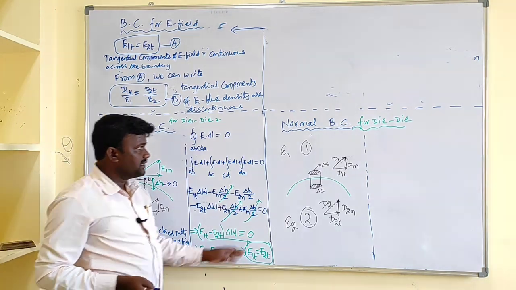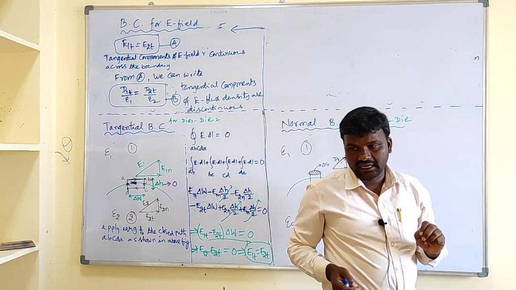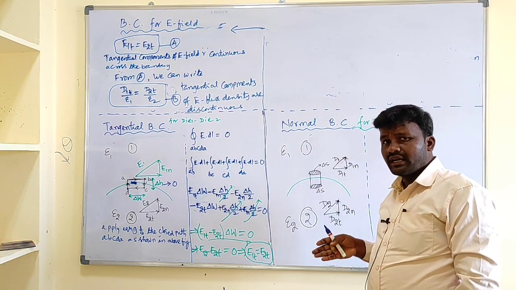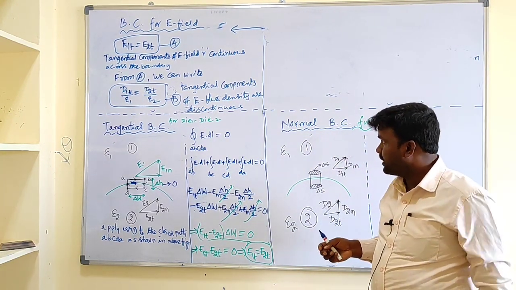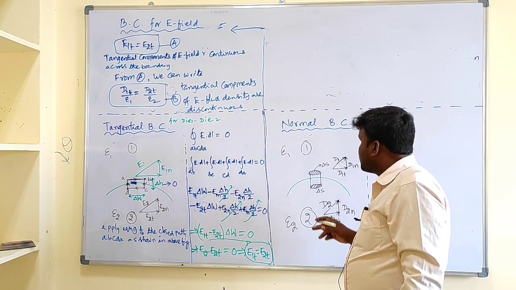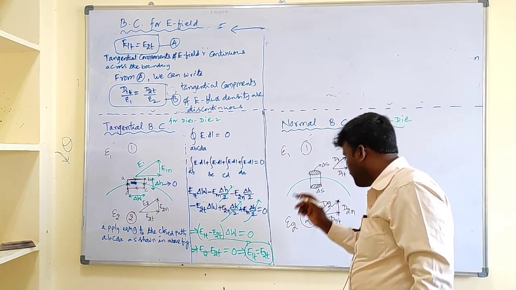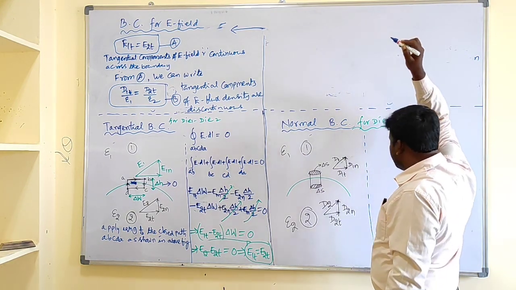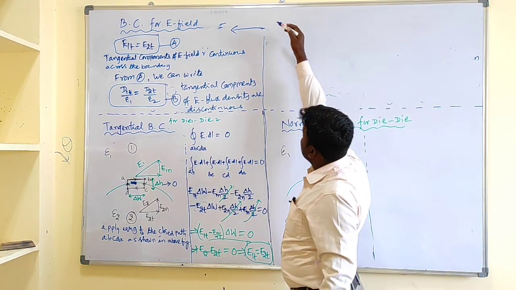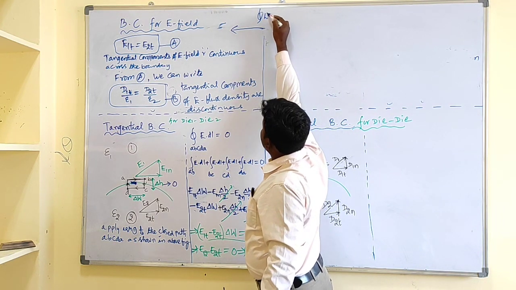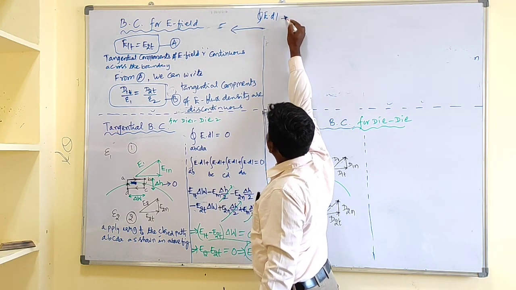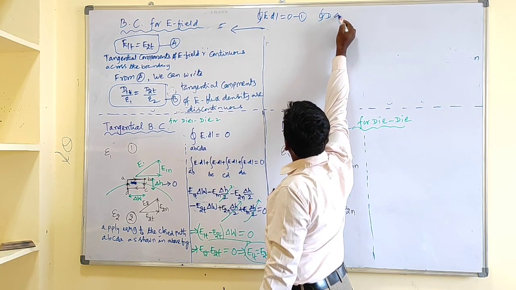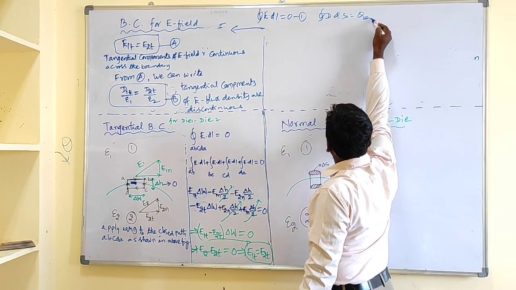Now we will derive the normal boundary conditions for the dielectric field. We need to derive the boundary conditions for the normal components. In order to derive this, we need to use equation 2. If you remember clearly, I wrote equation 1 as integral E dot dl equal to 0, and equation 2 is integral D dot ds equal to Q enclosed.